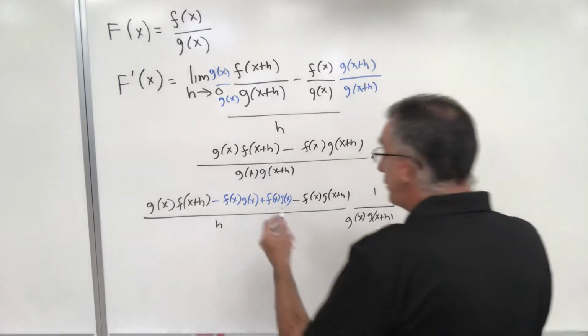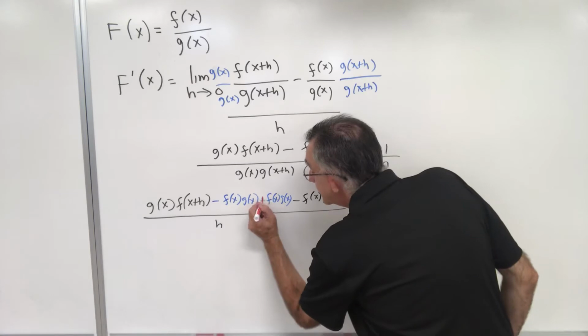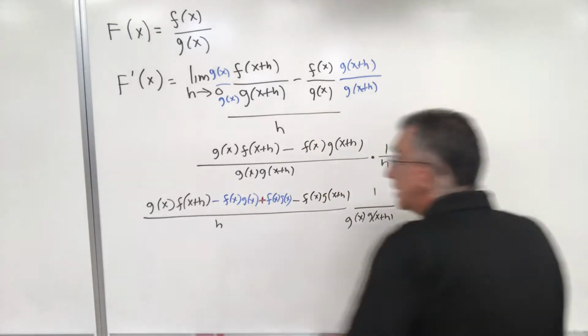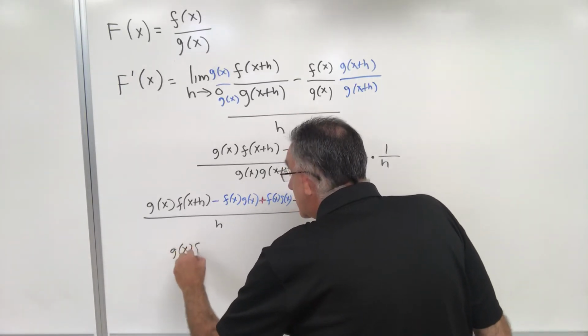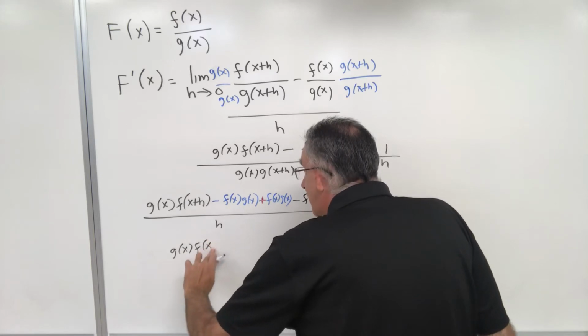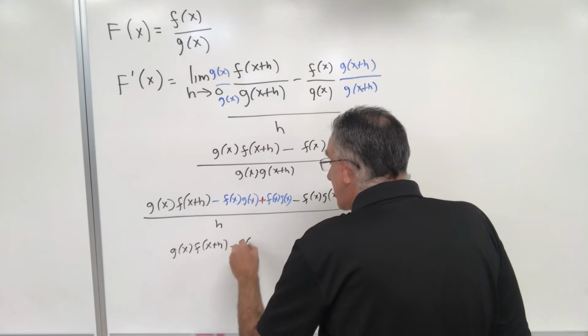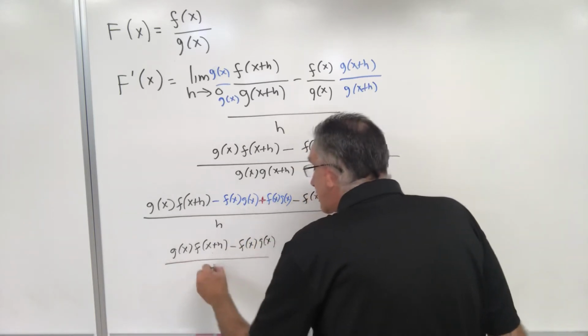Okay, and then we'll do that thing where we divide it up into 2 different pieces. So I'm going to have g of x, f of x plus h, minus f of x, g of x, all over h.